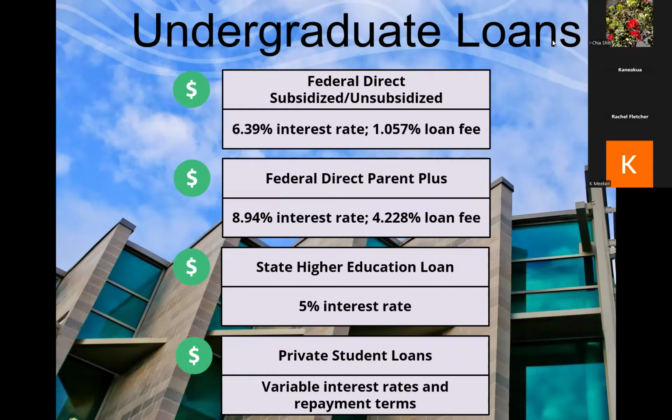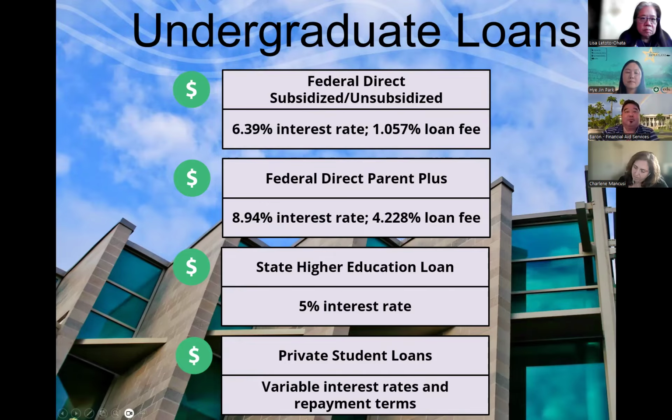A private student loan is based on the student's credit, whether that loan gets approved or denied. In most cases, incoming freshmen, even sophomores, may not have any type of credit. So they're going to need somebody as a co-signer to get those loans approved.